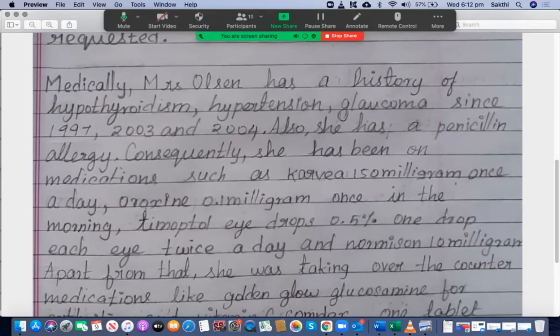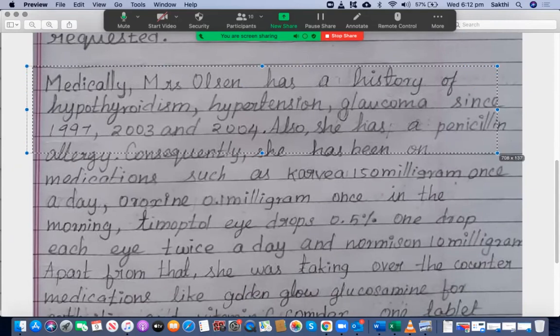Medically, Mrs. Olsen has a history of hypothyroidism. The spelling is correct. I'm happy with that. Hypertension, glaucoma, since, okay, you should have used "and" here, "and glaucoma."